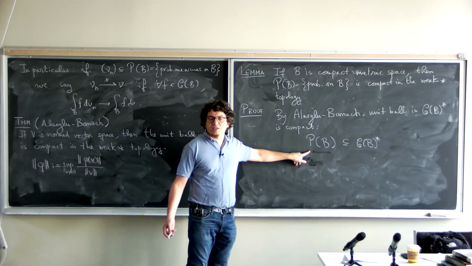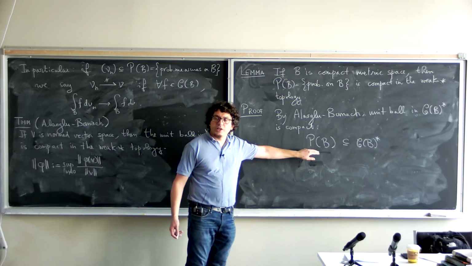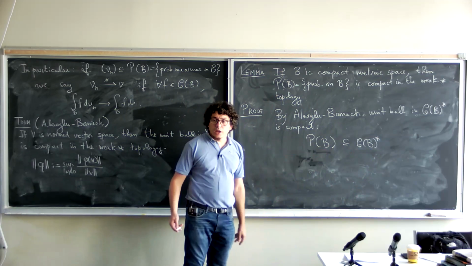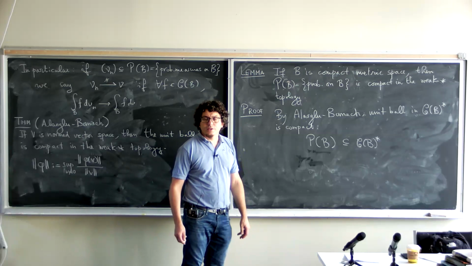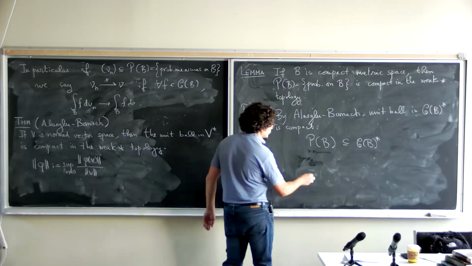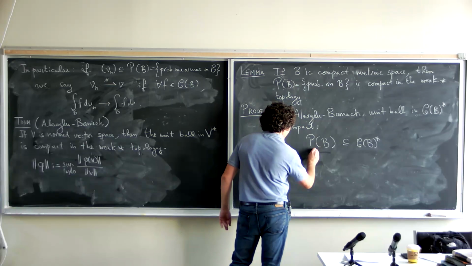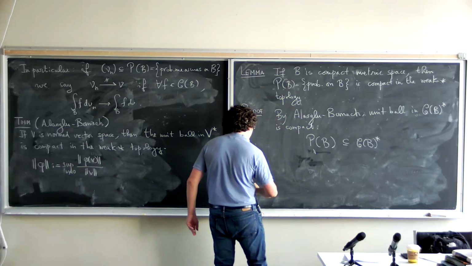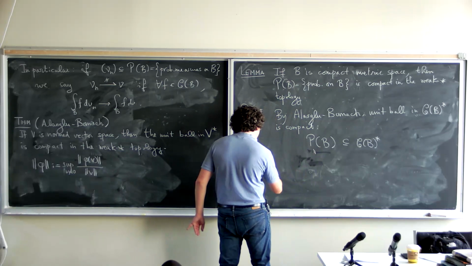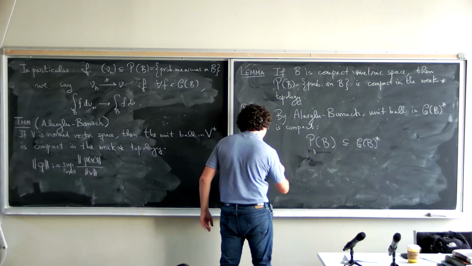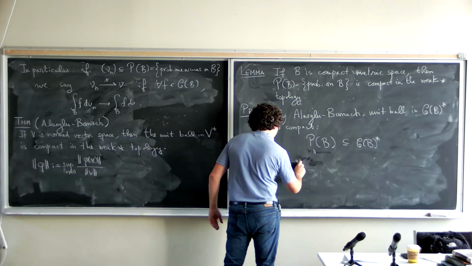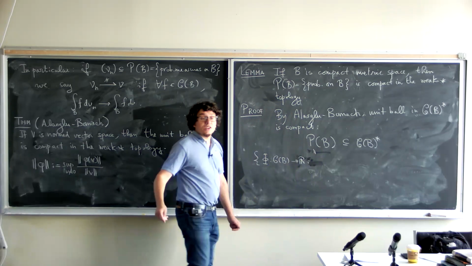Why is it a closed subset? What are the conditions that define a probability measure in the dual? So these are all the functionals on the space of continuous functions.